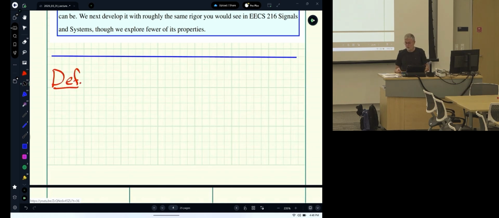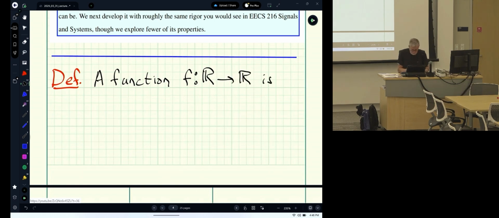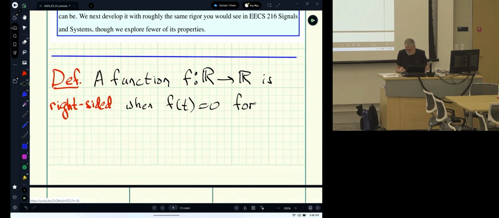Okay, so let's just get started. We'll say a function that takes real numbers to real numbers is right-sided when f of t equals 0 for t less than 0.